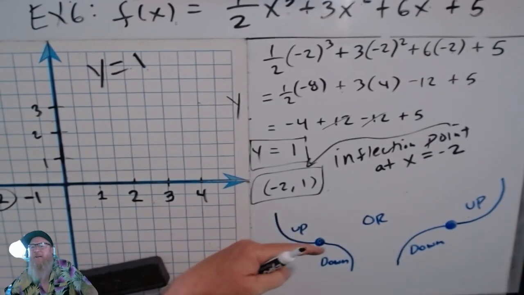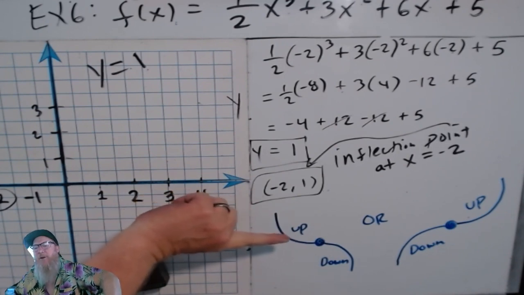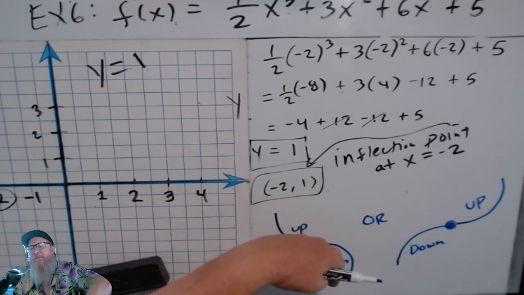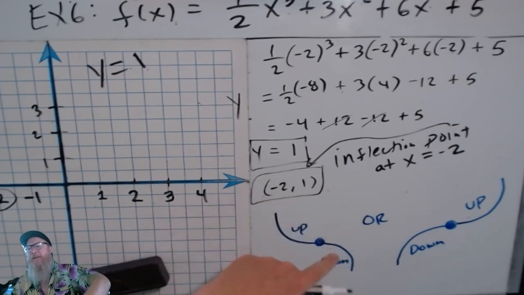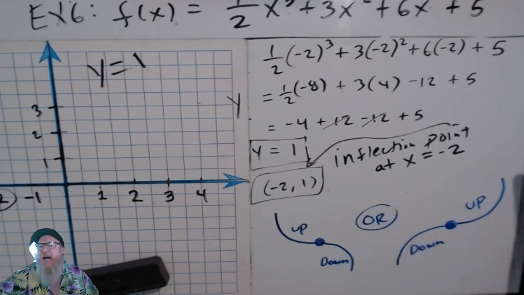And you always think of it as you're moving from left to right. So as you're moving from left to right, this function is going from concave up to concave down, in other words, positive to negative. Or it could be going the other way, from down to up, in other words, negative to positive.